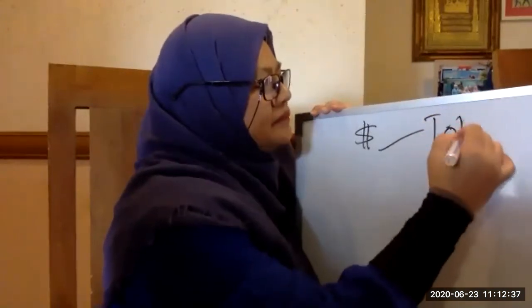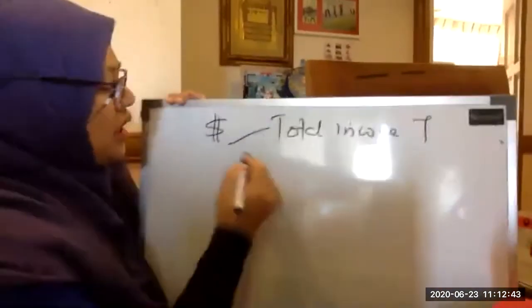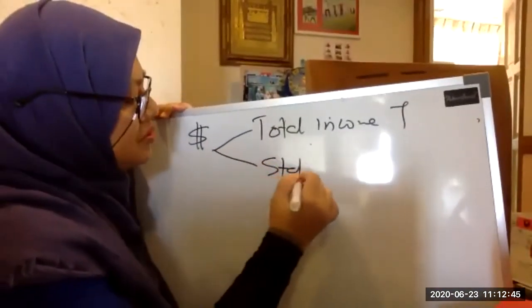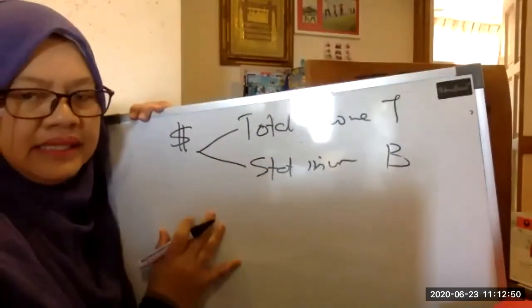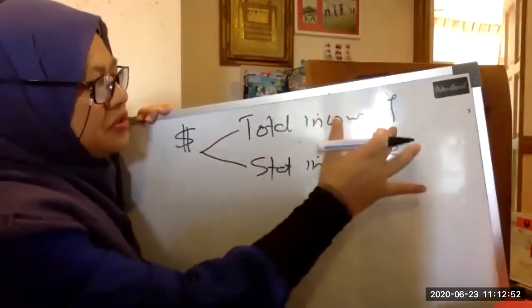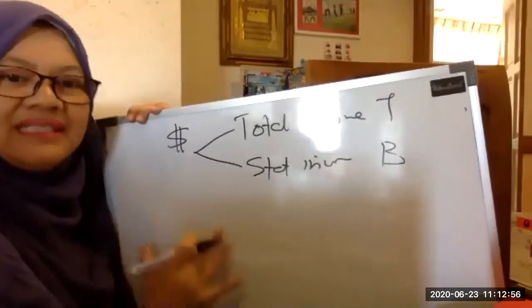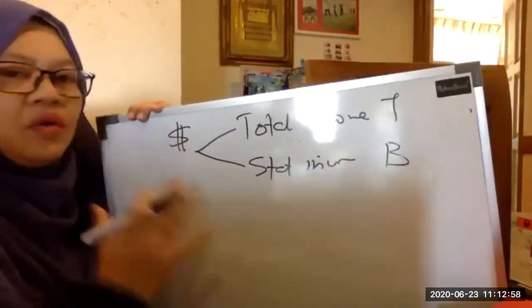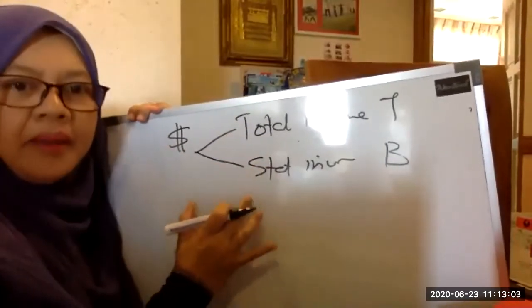No. We want to know the total income of the trust, and also the statutory income of the beneficiaries. That's the importance of this topic. The question will ask you total income of the trust, statutory income of the beneficiary.